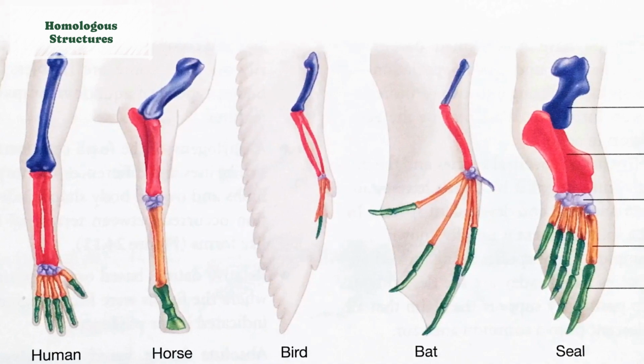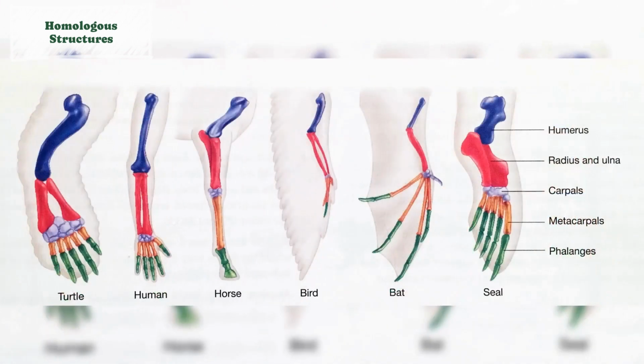of the same structure. If we examine the forelimbs of different vertebrates, we can observe several key similarities in their underlying bone structure despite their diverse function. The humerus, radius, ulna, and various wrist and finger bones are all present in these forelimbs, although they may be modified in different ways to suit each organism's unique needs.